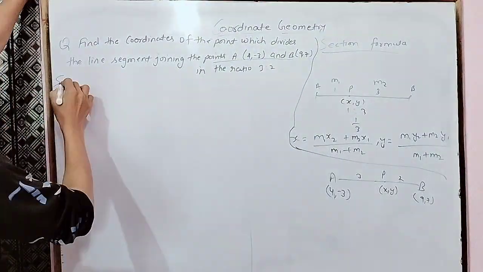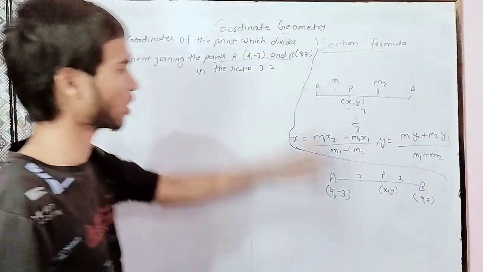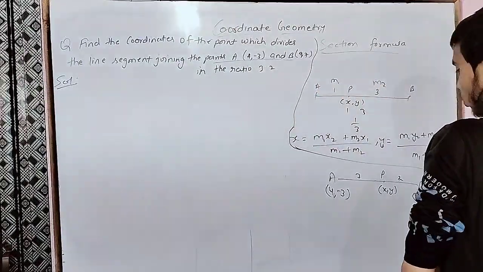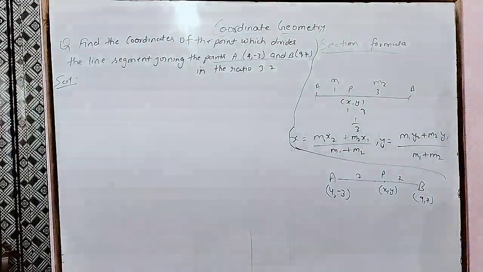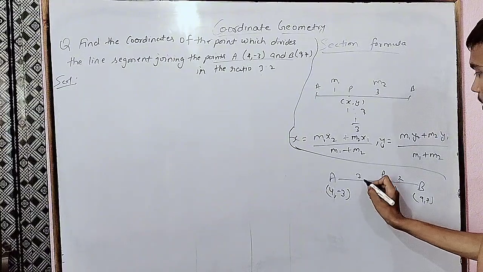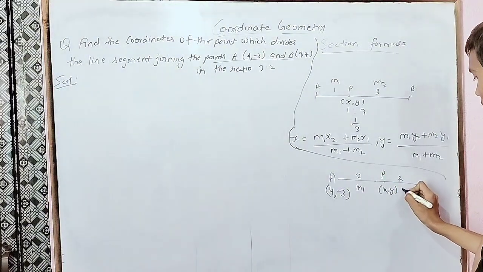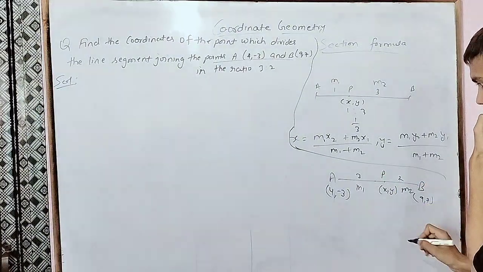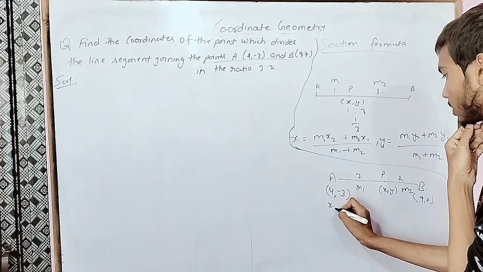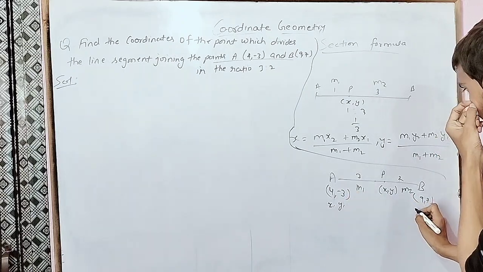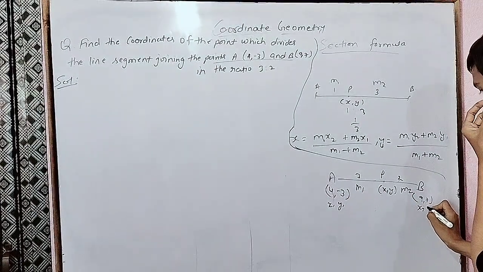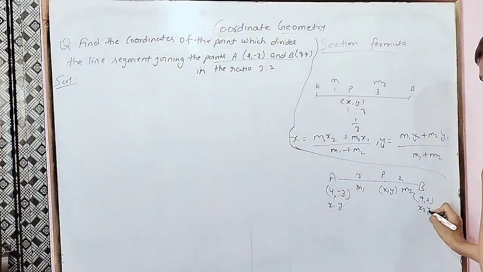Okay, 5 units. So here this will be considered as m1, and this as m2. This is x1, this is y1, this is x2, this is y2.